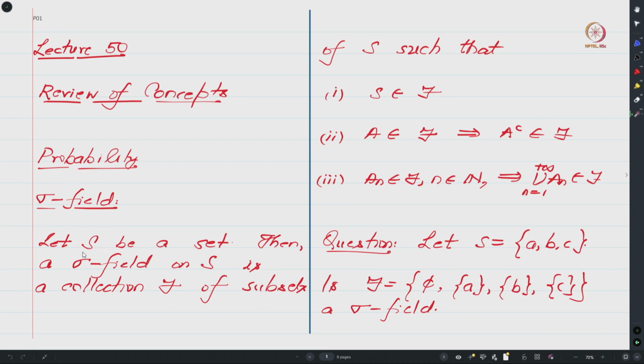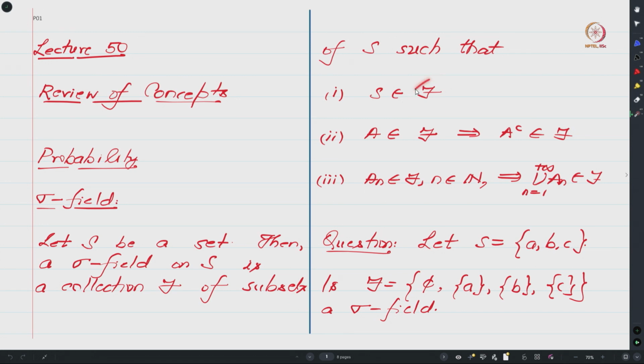If S is a set, then a sigma field on this set S is a collection F of subsets of S, and this collection of subsets needs to satisfy certain properties. In particular, it needs to satisfy the property that the whole set S belongs to this collection.